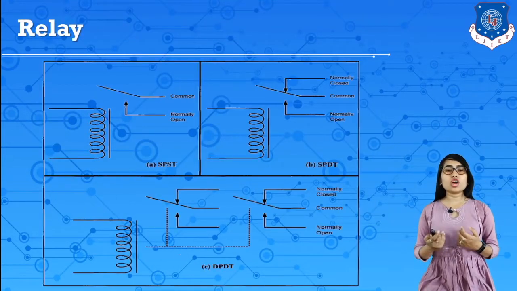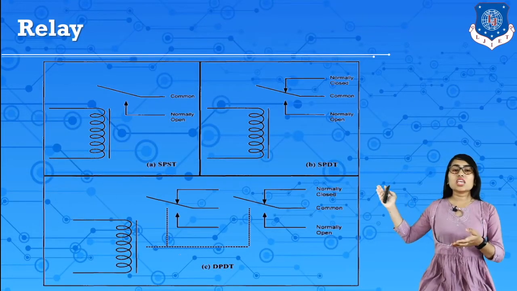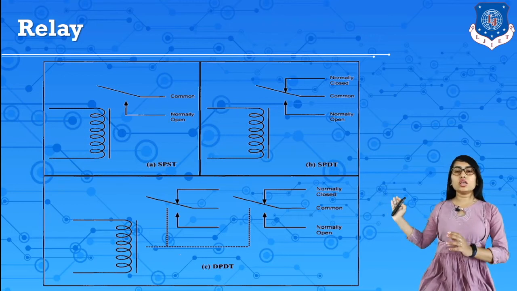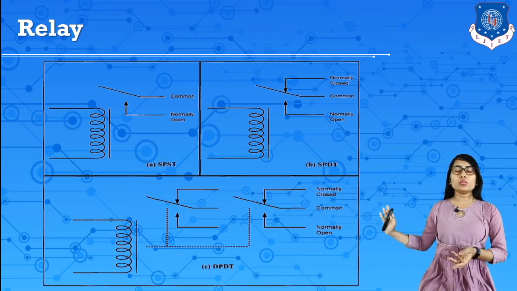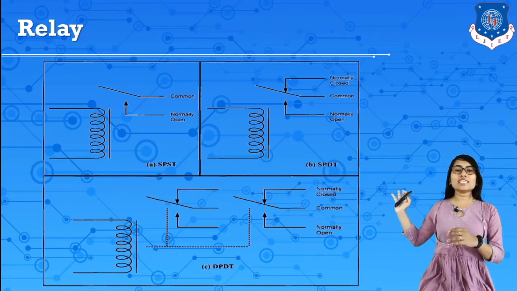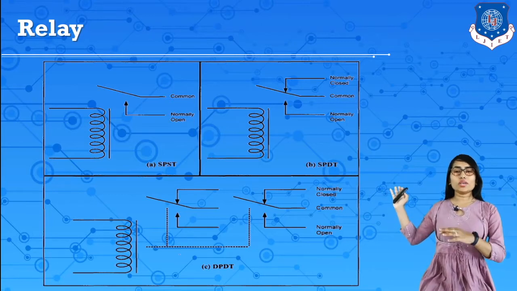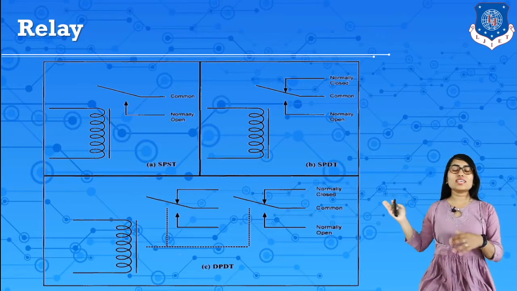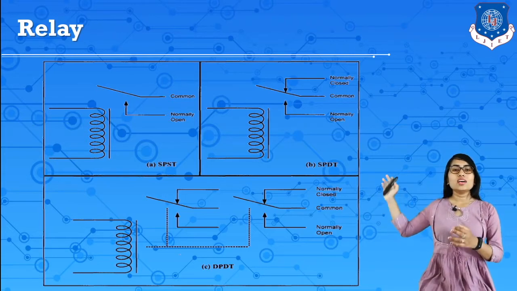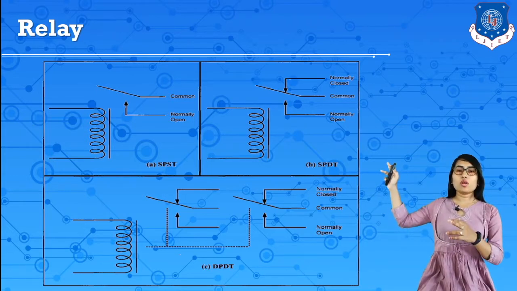Here we have various types of relay circuits: single pole single throw, single pole double throw, and double pole double throw. All these are normally open relays. In this kind of relay we have the coil, then the armature and the common.